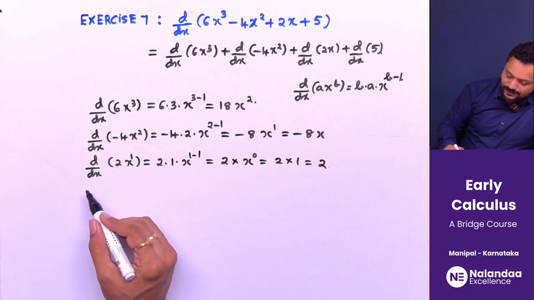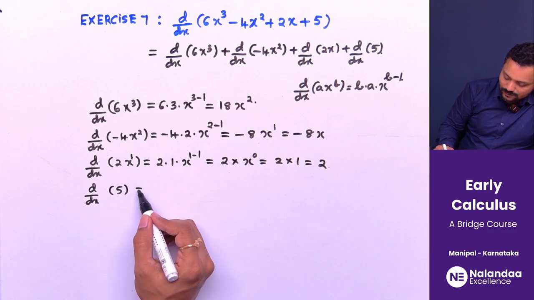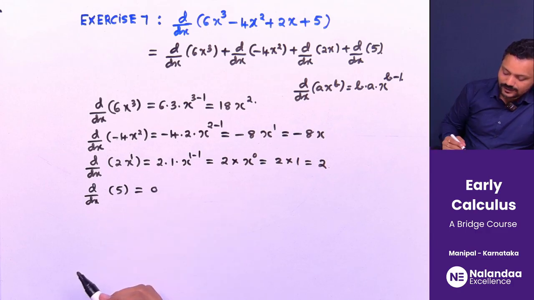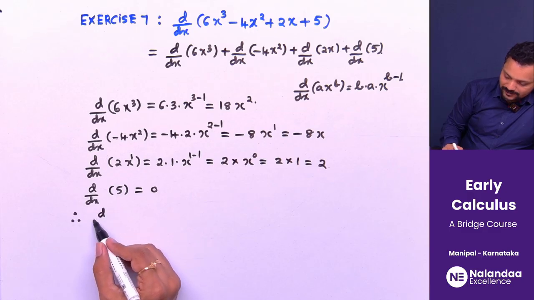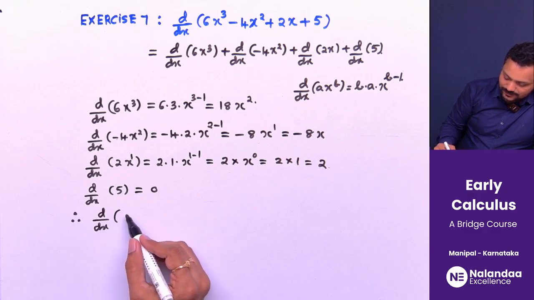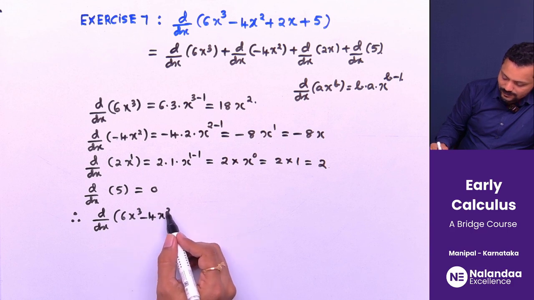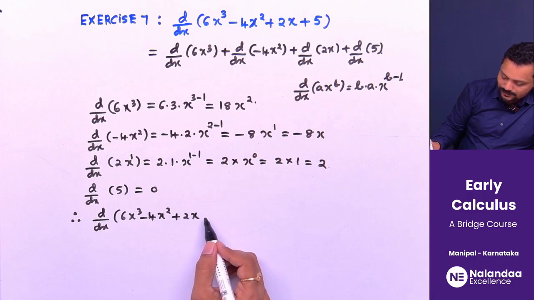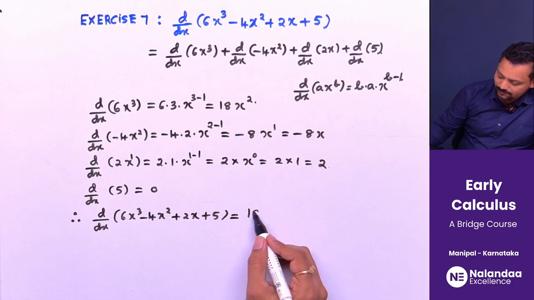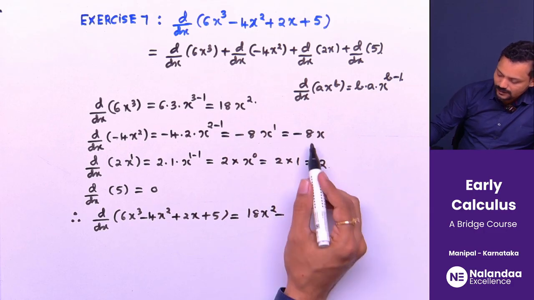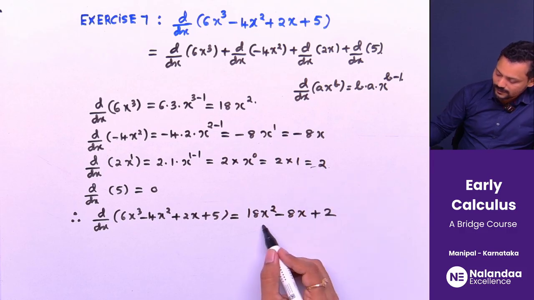And finally d by dx of 5. Now since 5 is a complete constant, d by dx is 0. So therefore d by dx of 6x cube minus 4x square plus 2x plus 5 will be equal to 18x square minus 8x plus 2. Hence the answer.